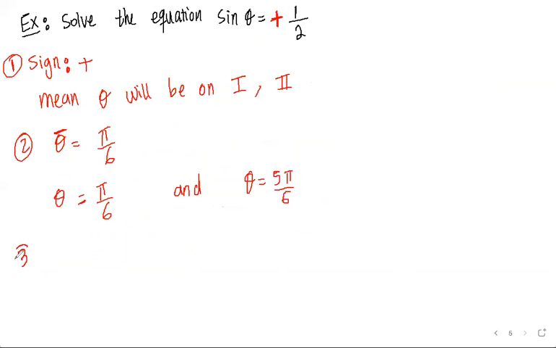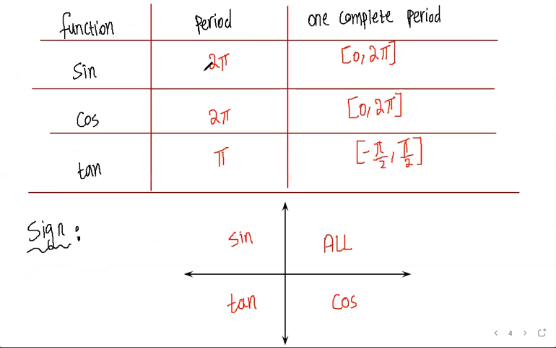So the third step is to find the solution in general, the whole solution. Because this function is periodic, I have to add the period for the sine. So theta will be pi over 6 plus the period. The period of the sine is 2 pi.